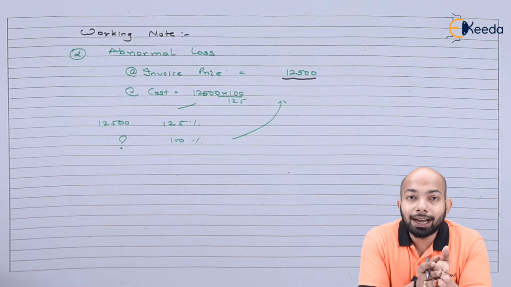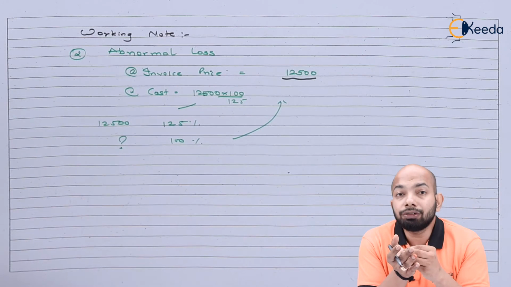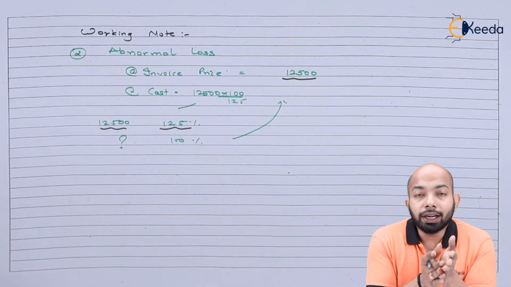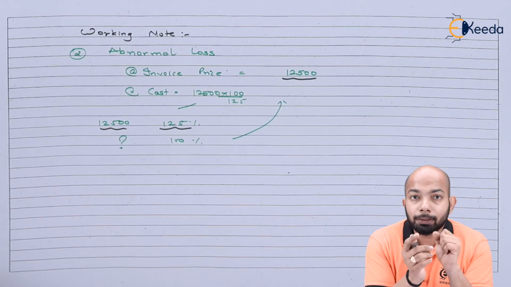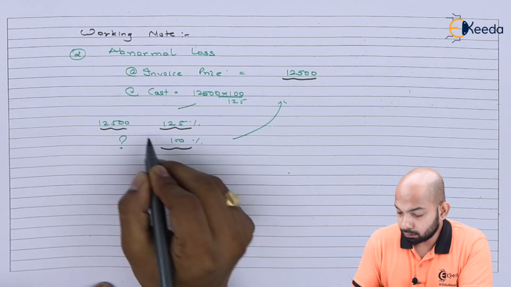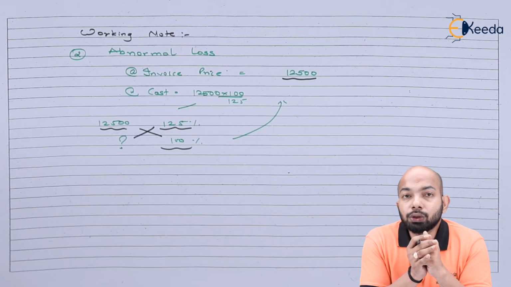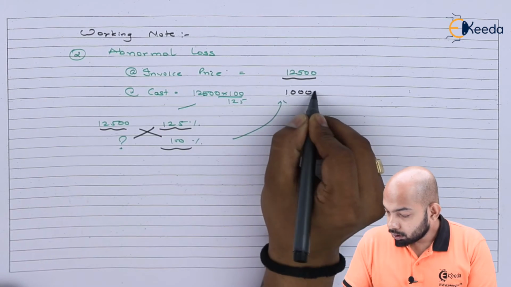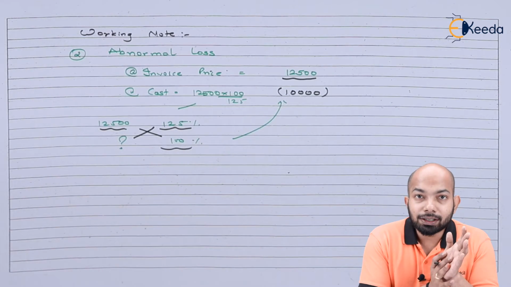To figure that out, we have to find what 100% is, because 125% is 12,500. We have to do a cross multiplication here, which will give the exact abnormal loss at cost. That will be 10,000 rupees.